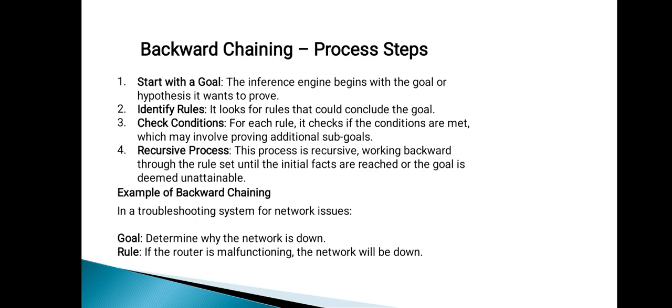Next, it checks the router state. It confirms that the router has failed, so the original goal is successfully proved. This is the working principle of backward chaining.